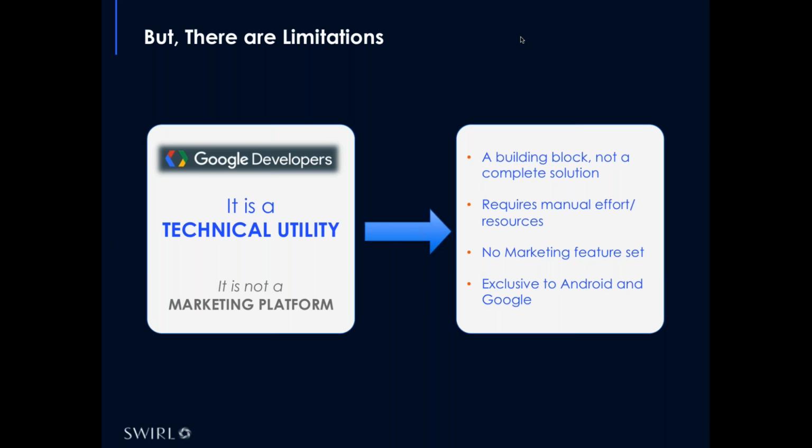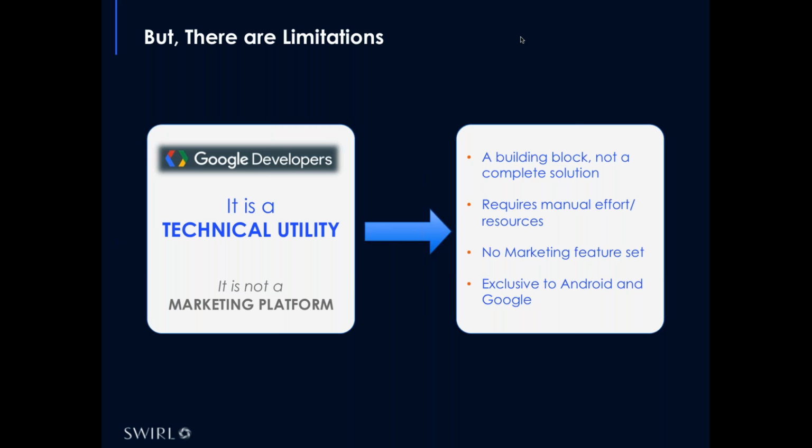This is a technical utility that Google has developed to make it easy and helpful for retailers to provide this type of content to smartphone users. It's a building block in a broader capability or strategy that retailers should be developing. Because it is a technical utility, it requires a lot of manual effort and resources to use this capability. And it wasn't designed to be a full-scale marketing solution.